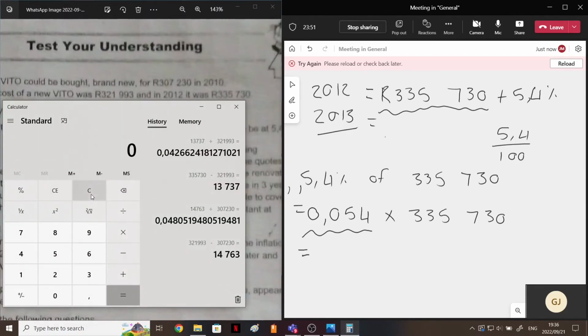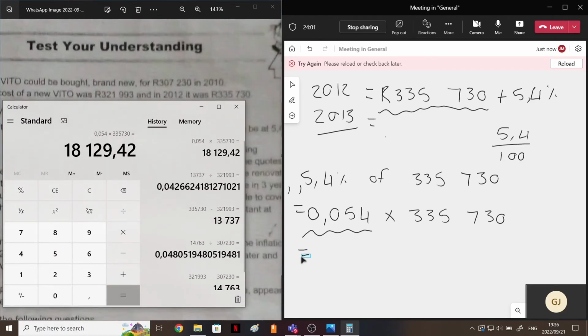I'm just quickly going to input that into my calculator. 0.054 times 335,730 equals, and you'll see that 5.4% of 335,730 is 18,129 Rand and 42 cents.